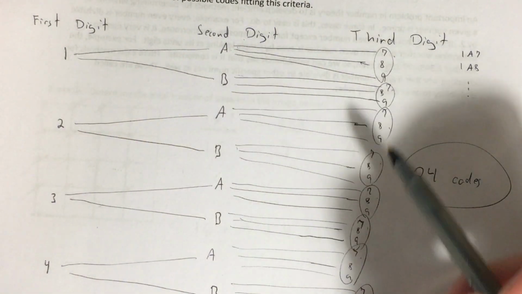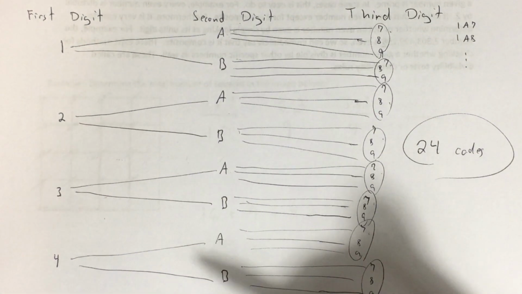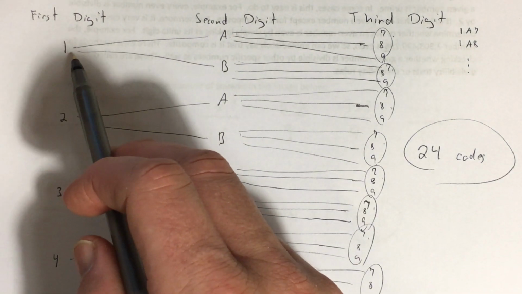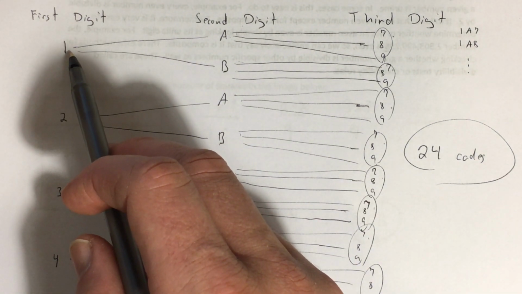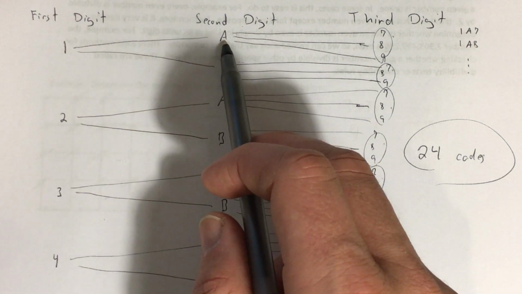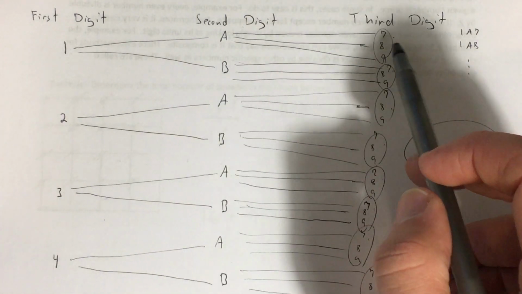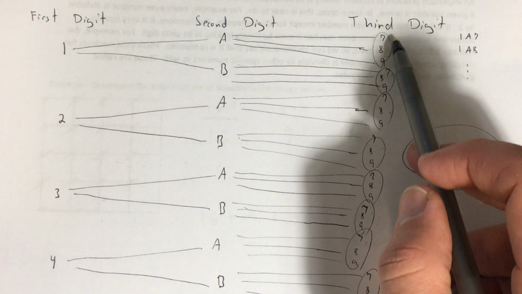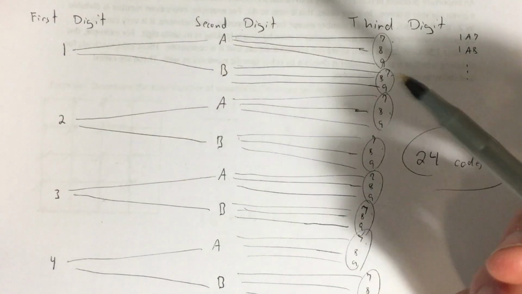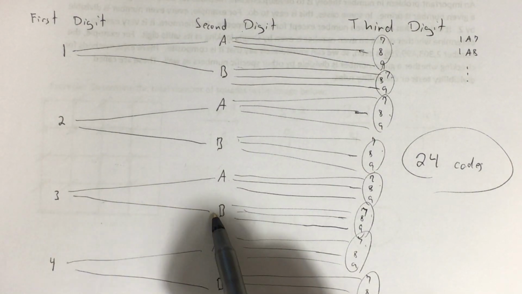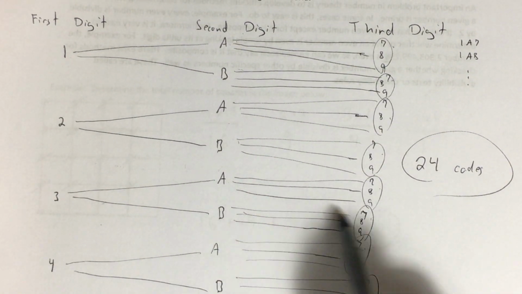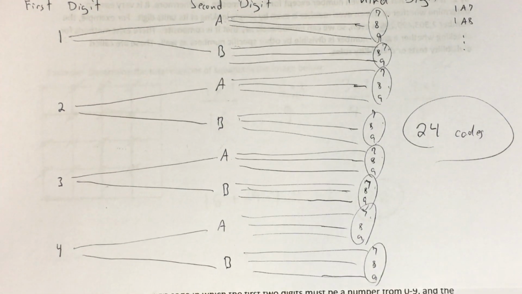What this really means, and why this is important to us, is that if I choose a 1 and an A for my first and second digits, then I still have the same 3 choices available for my third digit as I would have if I went with 3B for my first 2 digits. I still have 3 choices for that third digit there.